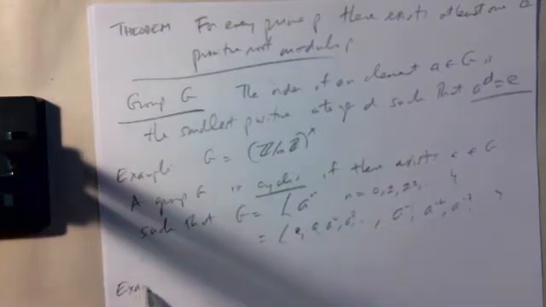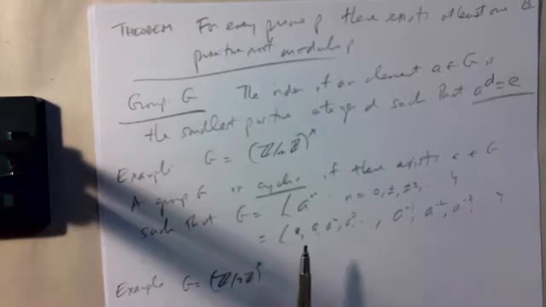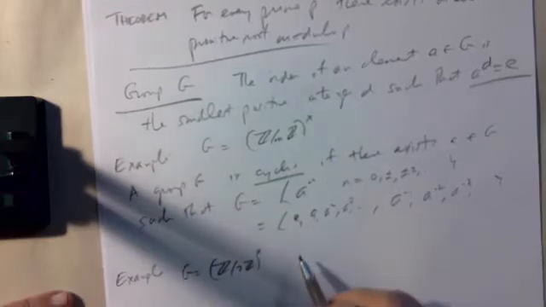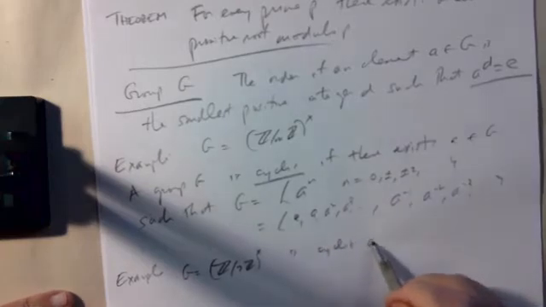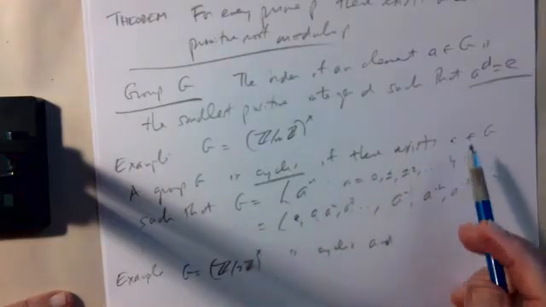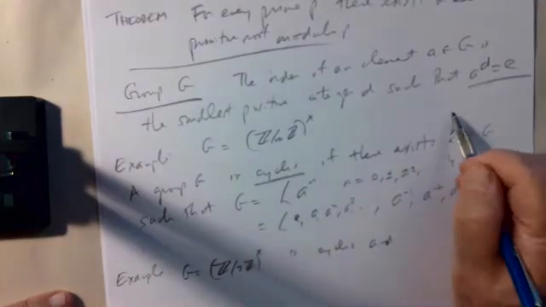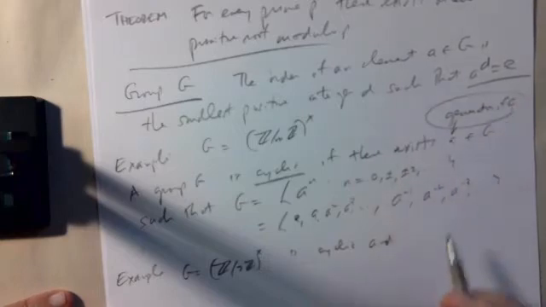And we just saw an example. If we take G to be the multiplicative group of congruence classes mod 7 that are relatively prime to 7, this is cyclic. And an element a with this property is called a generator of the group.